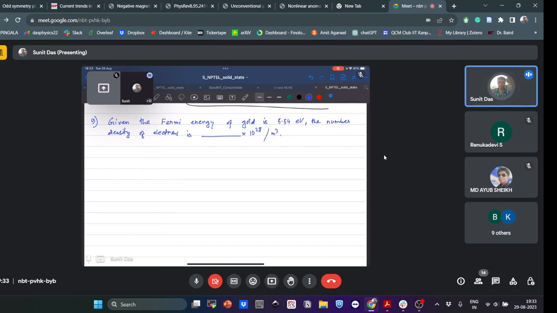Given the Fermi energy of gold is 5.54 eV, we need to find the number density of electrons. This is a very easy problem, just solve it.